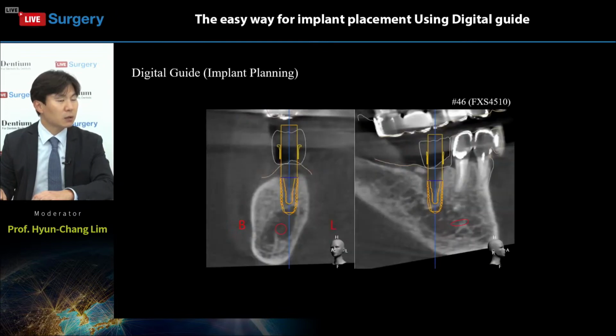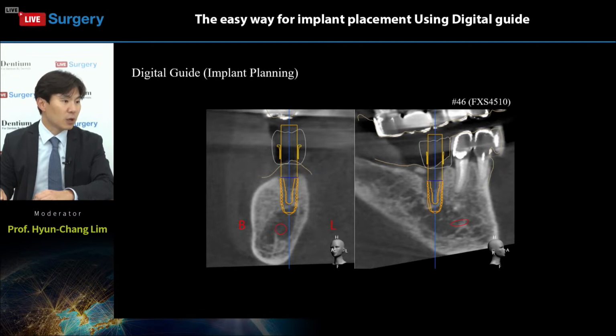And this is for the 46 area. For this area, the implant will also be placed subcrestally. Compared to the clinical situation, we can see a lot of bone on the buccal surface. But as we also checked in the clinical photo, there is some tissue depression.